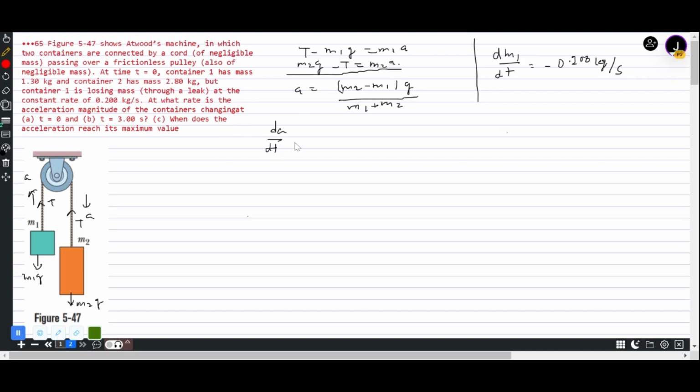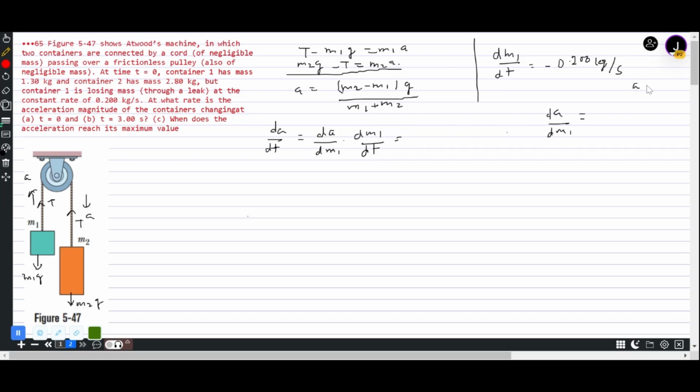So dA by dt is dA by dm1 into dm1 over dt. Now we know dm1 by dt, so we have to find dA by dm1.